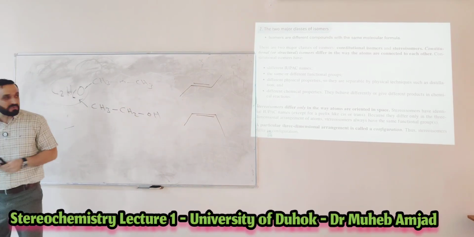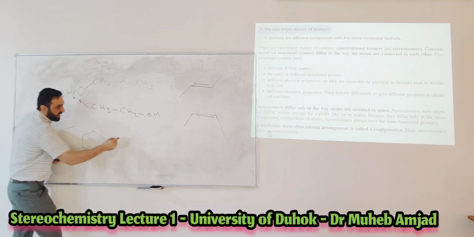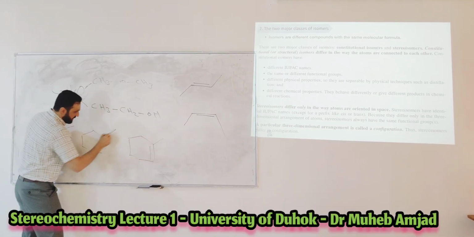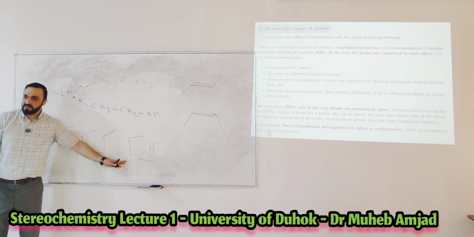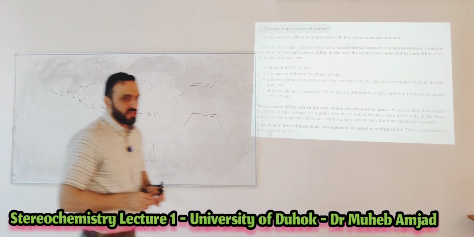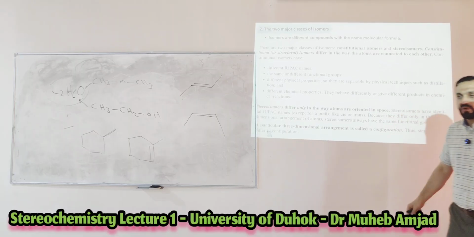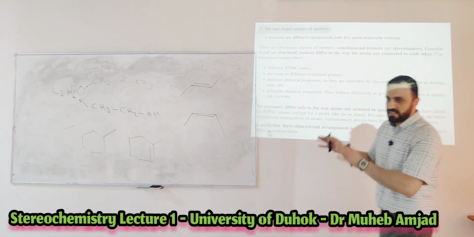If I give you, for example, this, this, and this, this and this, and I say to you, these are isomers, constitutional isomers, stereoisomers. Look at the chemical formula, the same chemical formula? No, different chemical formula. These are different compounds, not isomers.